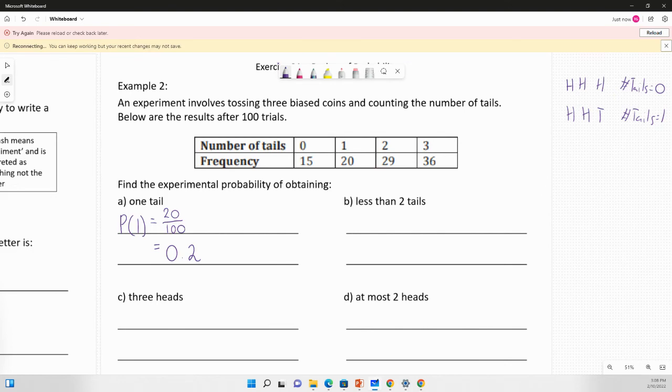Now, the probability of obtaining less than 2 tails. That might include a couple of options. There were 15 times there were 0 tails, and 20 times there was 1 tail.